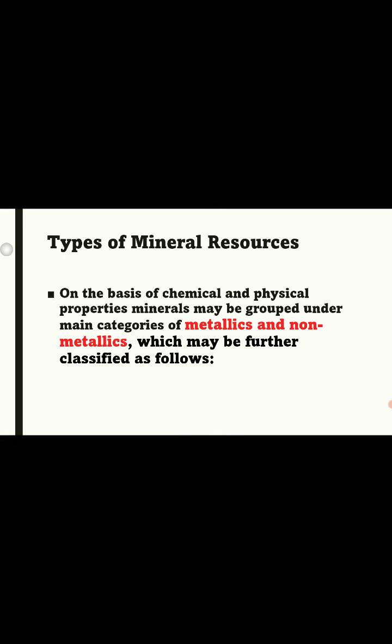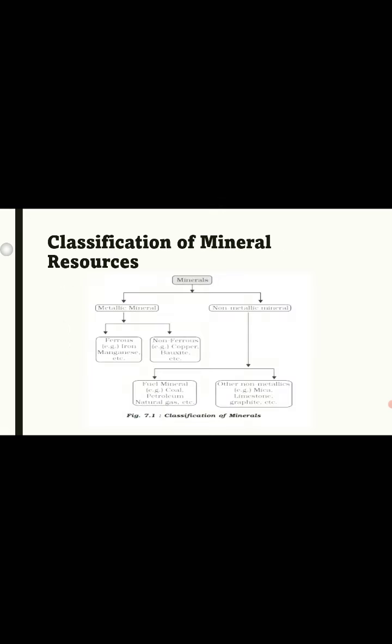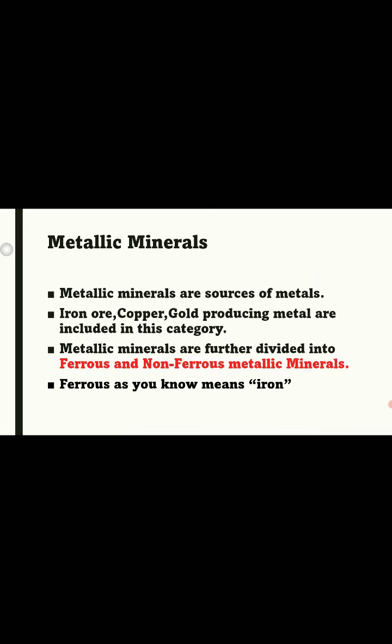Now, types of minerals on the basis of their chemical and physical properties are grouped into two main categories, that is metallics and non-metallics. Metallic minerals are further divided into ferrous and non-ferrous, and non-metallic minerals are further divided into fuel minerals and other non-metallic minerals. Metallic minerals are the source of metals.